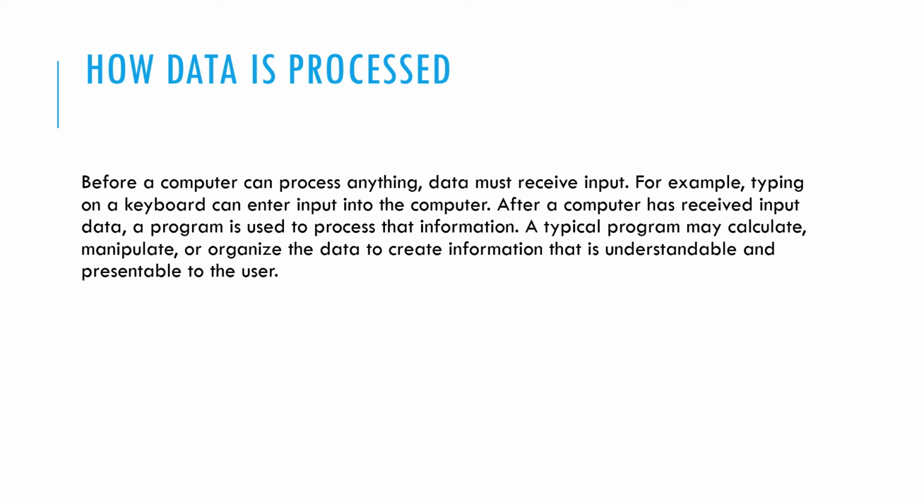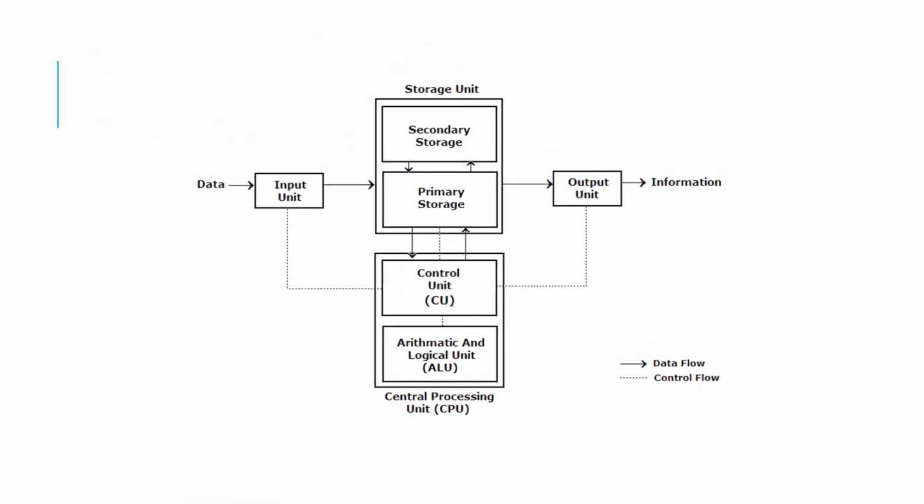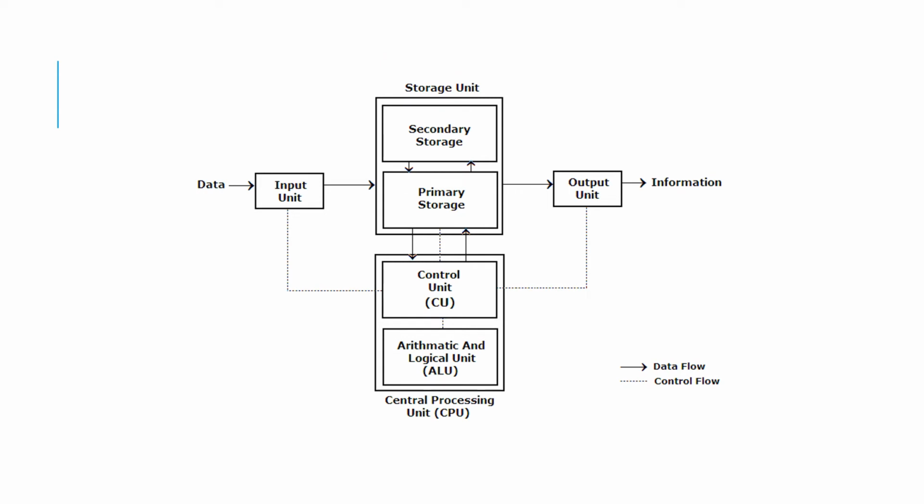A typical program may calculate, manipulate, or organize data to create information that is understandable and presentable to a user. This diagram shows the flow of the data during the processing procedure.